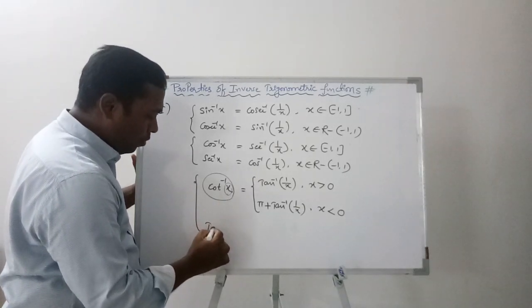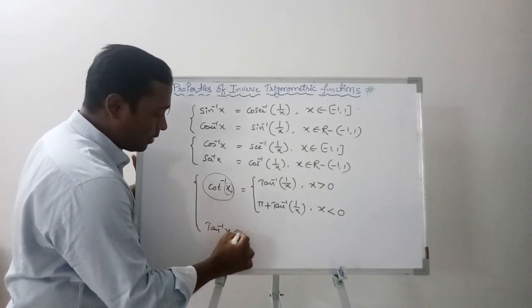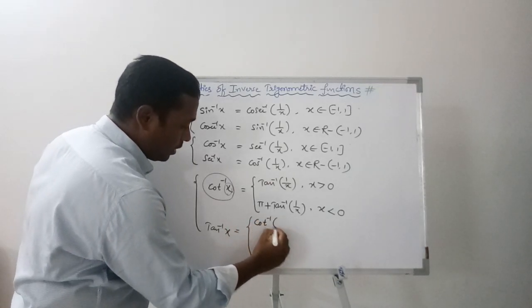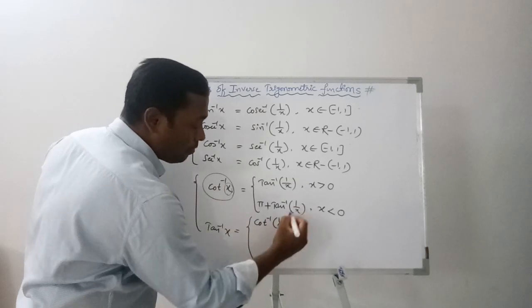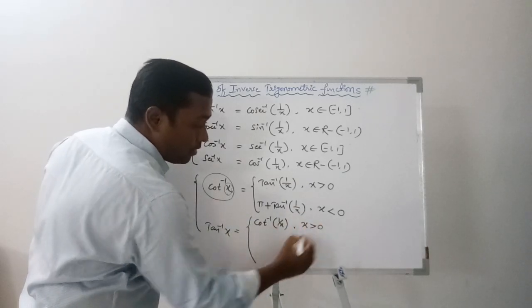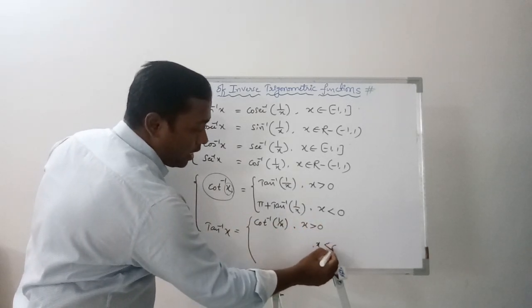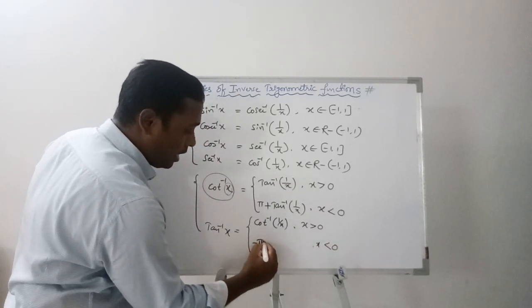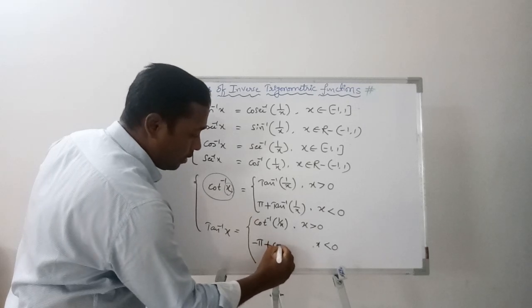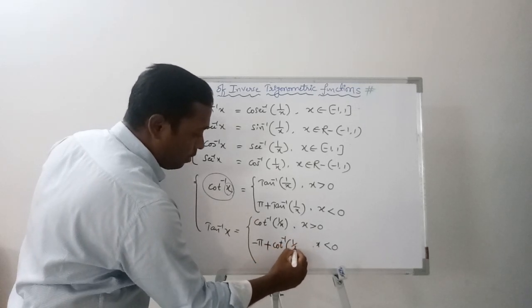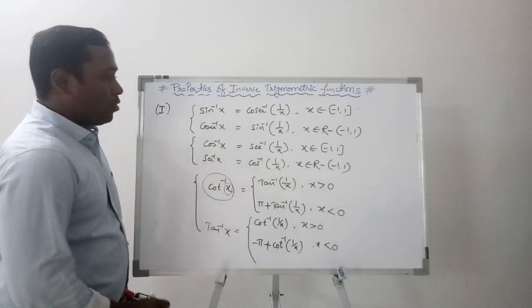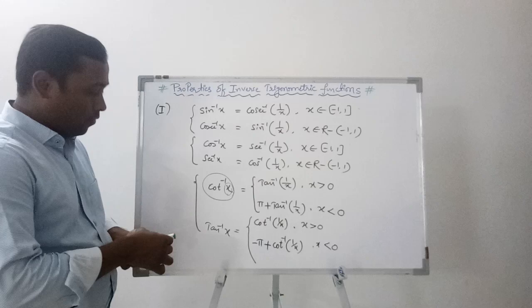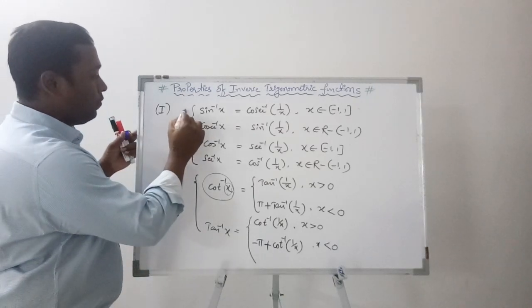Similarly, when you are converting tan inverse x in terms of cot, you can write it as cot inverse 1 by x, where again x is greater than 0, and where x is less than 0, it will be minus pi plus cot inverse of 1 by x. So this is the first set of formulas we have discussed. Also, we have already discussed the derivation for the first part.